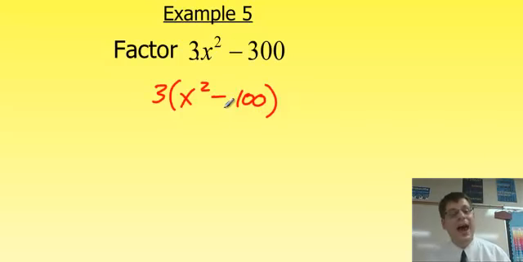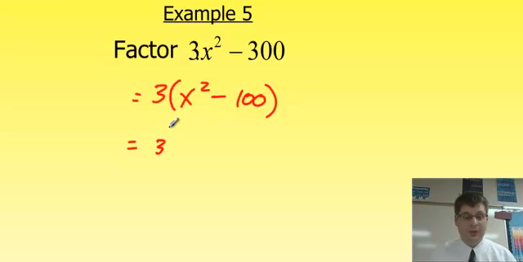Now I look at what's left inside the parentheses and I see, well, can I factor that now? And I can. Look, it's a difference of squares. That's x times x. That's 10 times 10, and there's a minus sign. So bring down the 3, include the 3. The GCF is part of your factors. Don't just pretend, oh, I pulled it out, now it's gone. It's there.